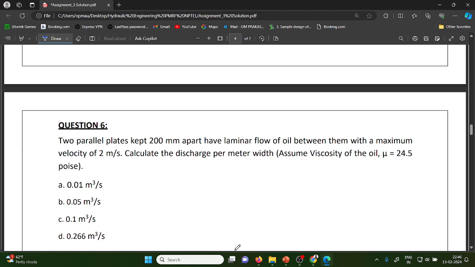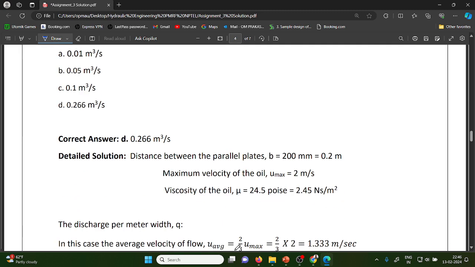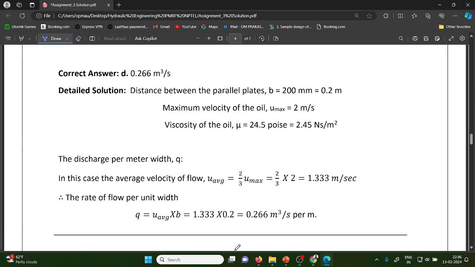So now we will go on with that. First we calculate the average velocity. It is a well known formula, average velocity is 2 by 3 of the u maximum, so 1.33, and based on this you will calculate the discharge per unit width. What is actually discharge per unit width?